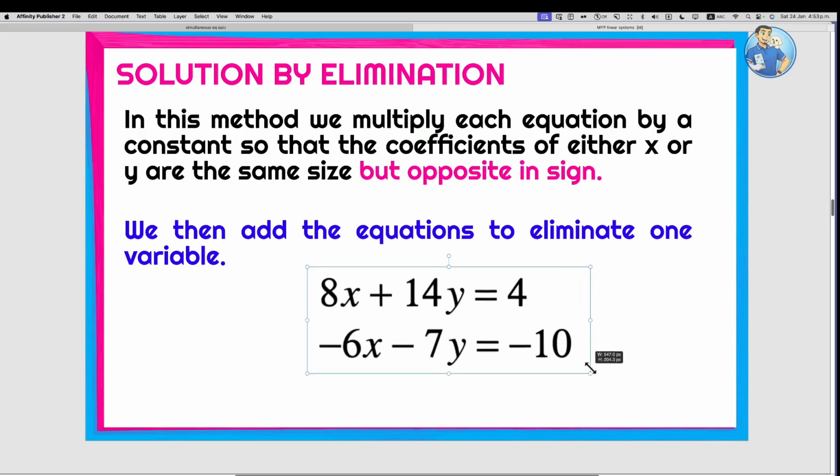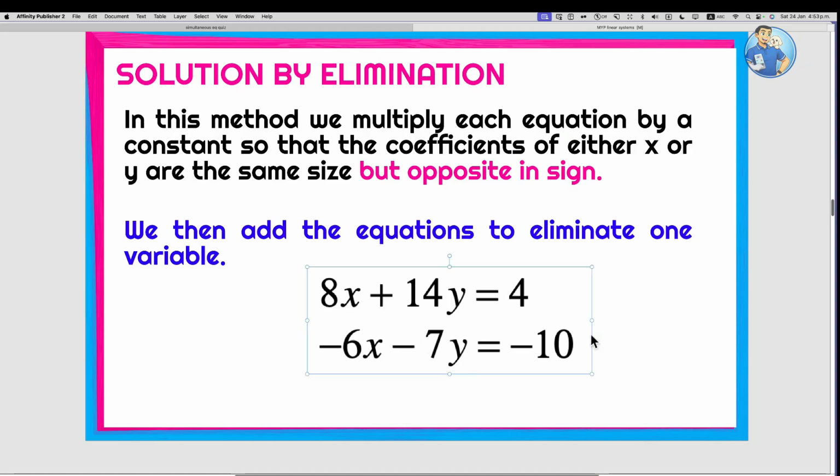The goal is that we need to find a constant, a number, so that if we multiply the whole equation, for example, 8x plus 14y equals 4, including the result 4, times a constant, we have the same coefficient. Coefficient is the number next to the variable.